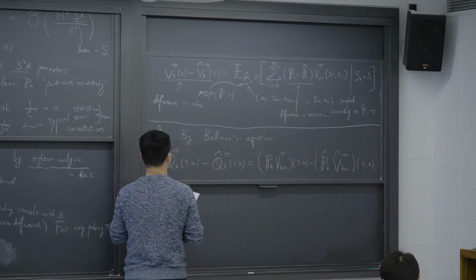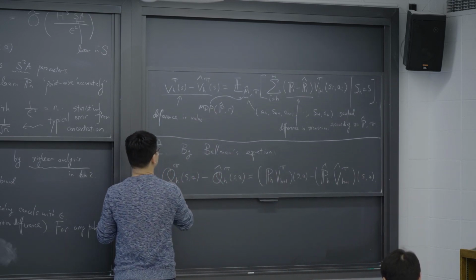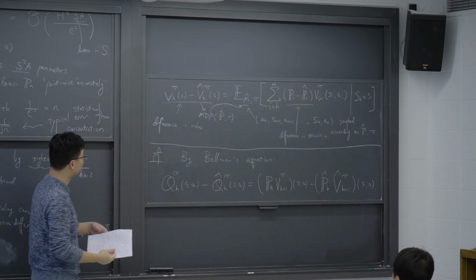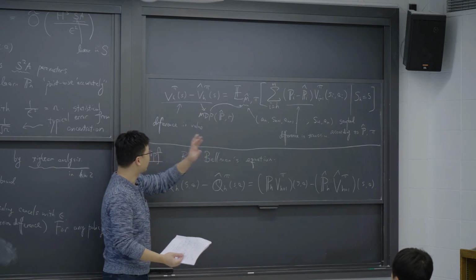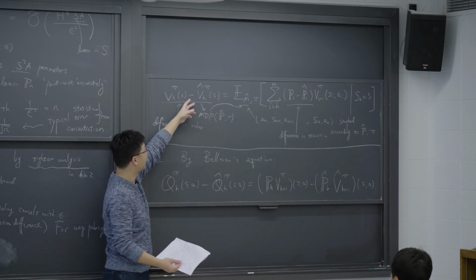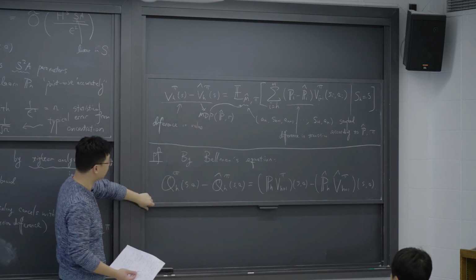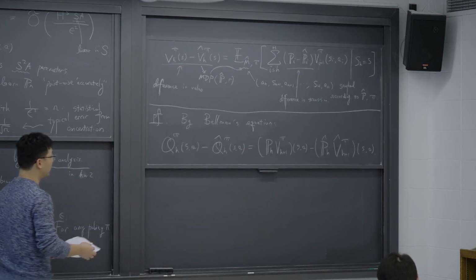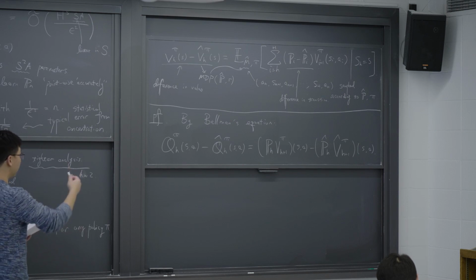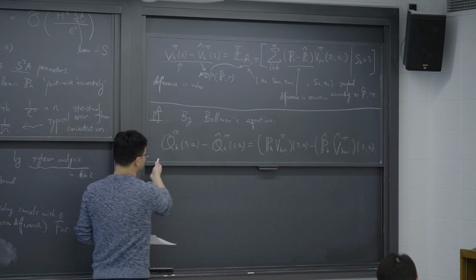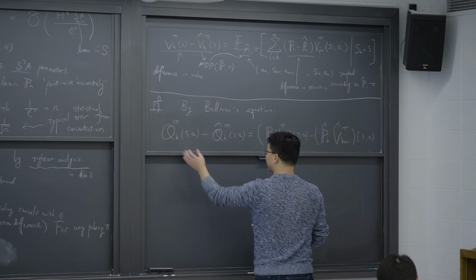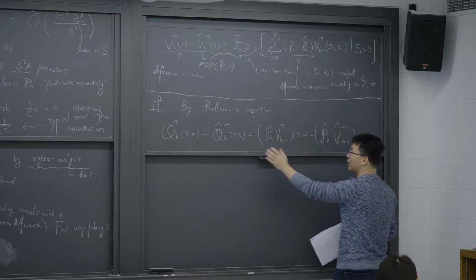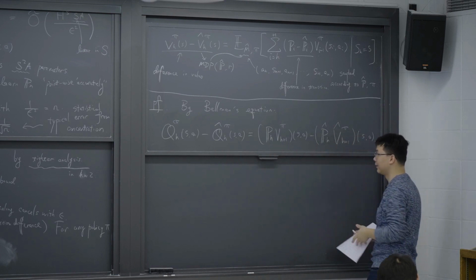I should also say this V hat notation is defined as the value of this modified MDP. The value of pi on this modified MDP is denoted as V hat, and Q hat is also the value of policy pi on this modified version of the MDP. Both are just by the Bellman equation. The first is by the original MDP, so we expand by PV. The second is the modified MDP, so we have P hat, V hat.